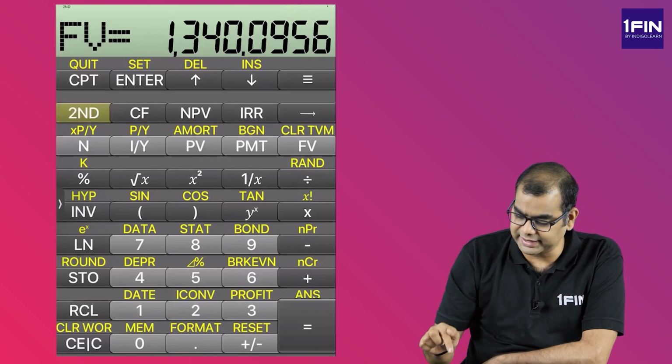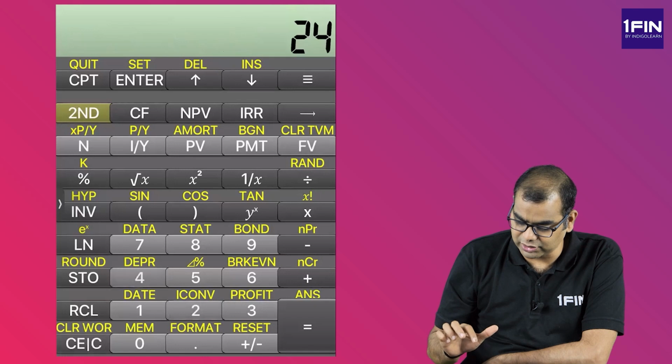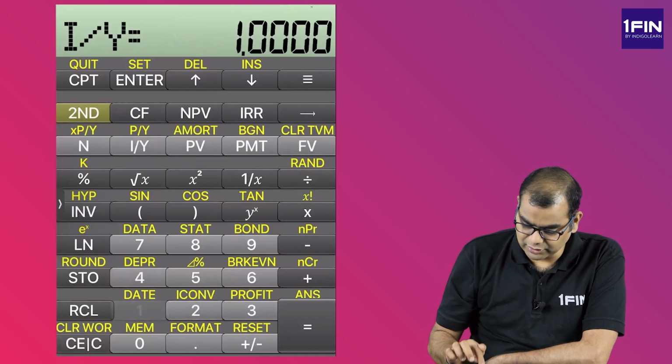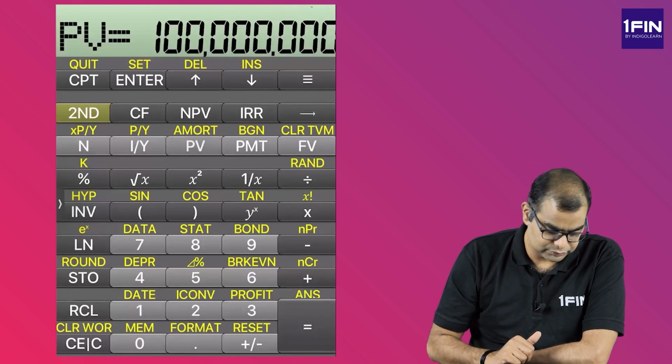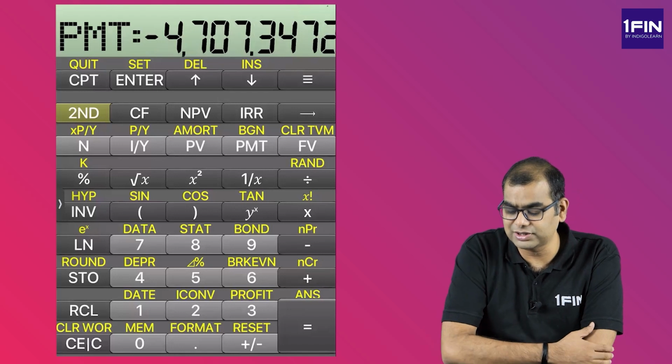Let us compute. Second, clear TVM. Then you press 24 as N, 1 as I by Y, 1 lakh, which is 5 zeros, as present value. Then you say compute payment. You get 4,707.